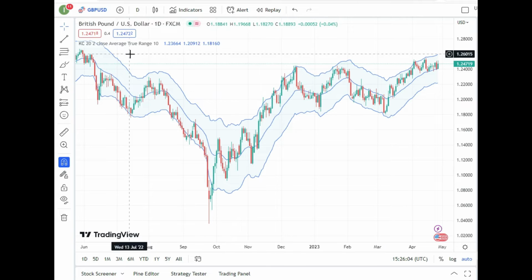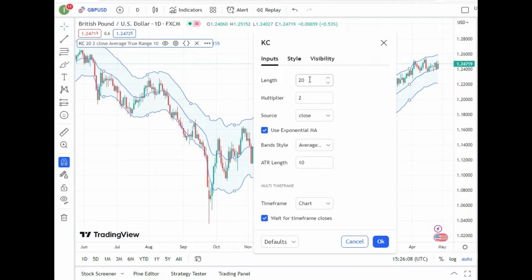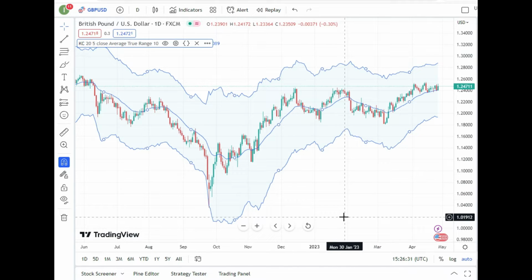If you go to settings, I will show it right now. You will see that this middle line is a 20 exponential moving average. And the multiplier is how many average true ranges we have below and above. For example, if I put 5 here, you will have a very wide channel.